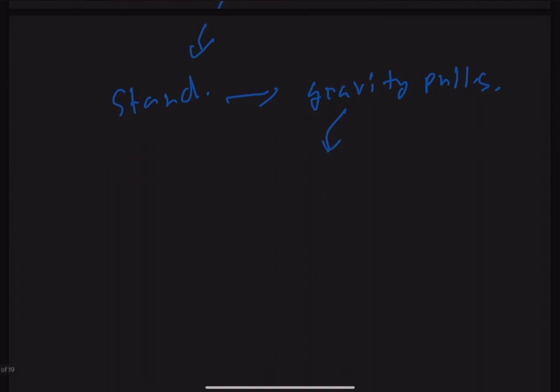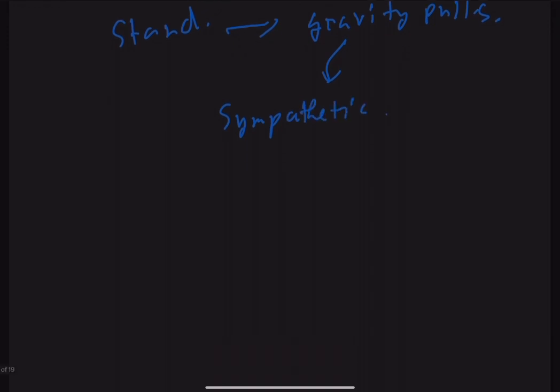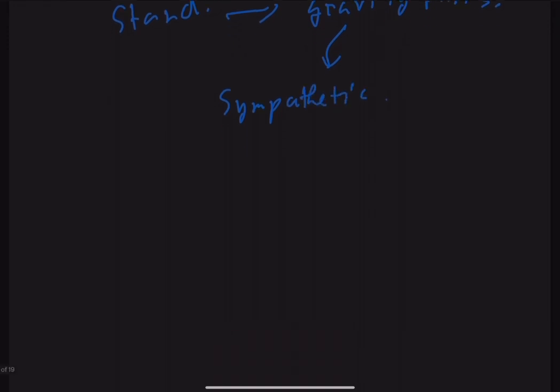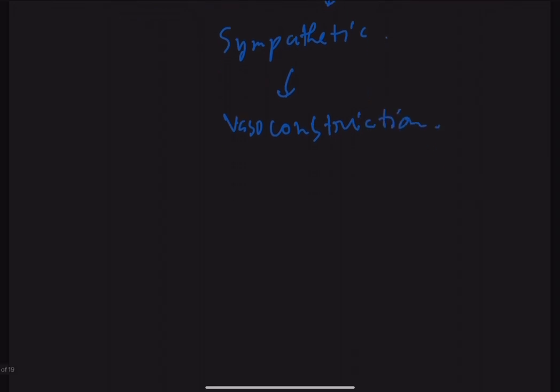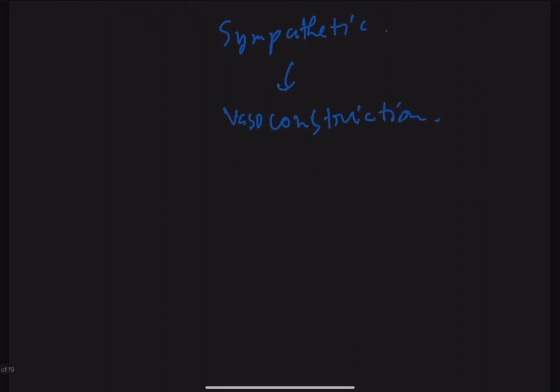In compensation, body activates sympathetic nervous system and it causes vasoconstriction through alpha 1 mediated action, okay, or through alpha 1 receptor, and maintain the blood pressure.